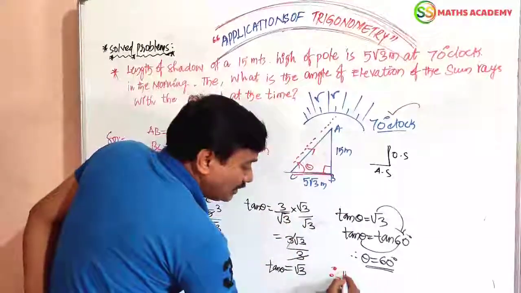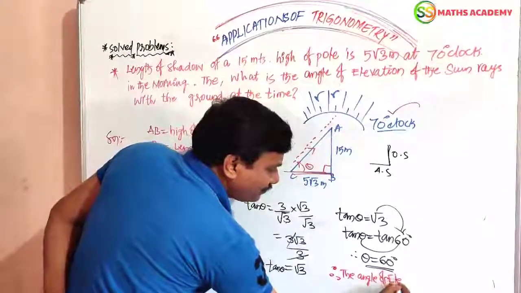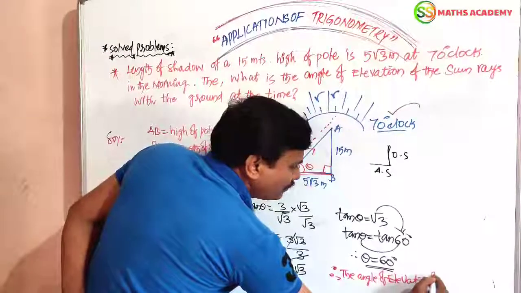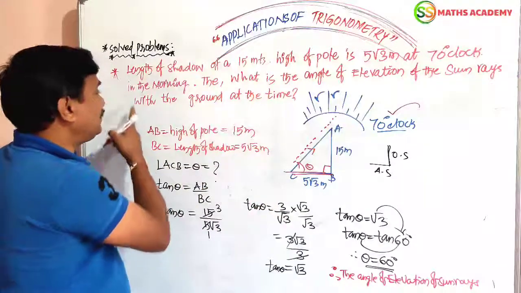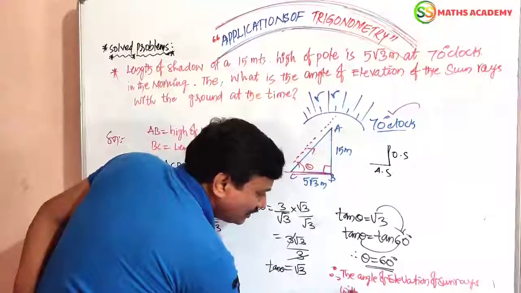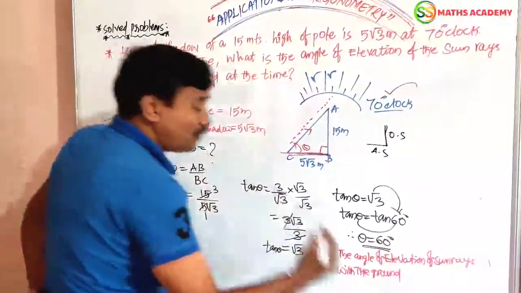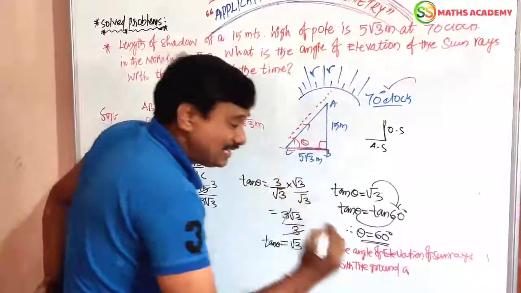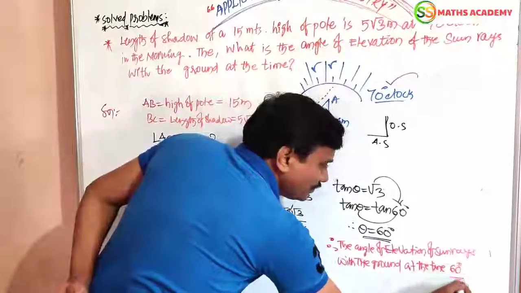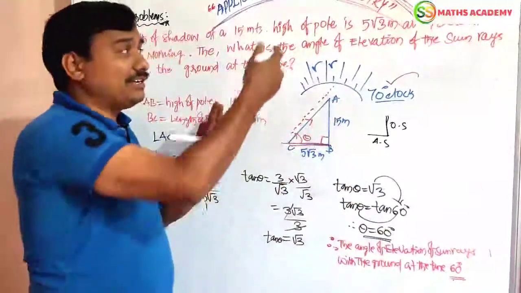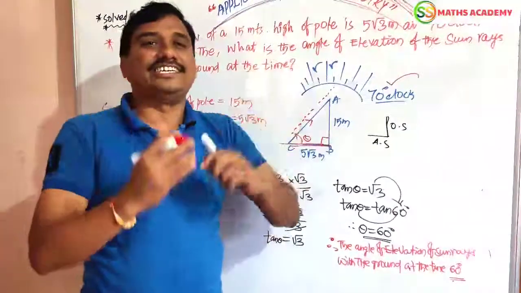Thus, the angle of elevation of the sun rays with the ground at the time of 7 o'clock is 60 degrees.